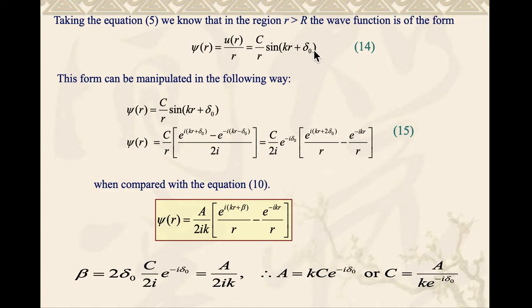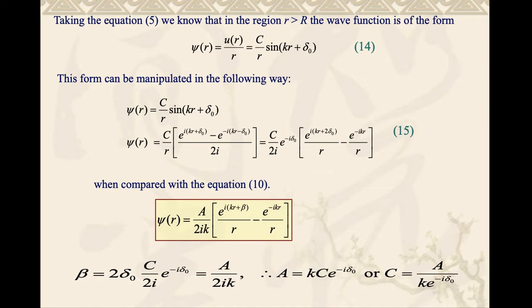And here, in place of that delta, we are using delta 0. This delta 0 means that we are considering the scattering with L equal to 0, and this delta is the phase shift which is caused due to scattering.